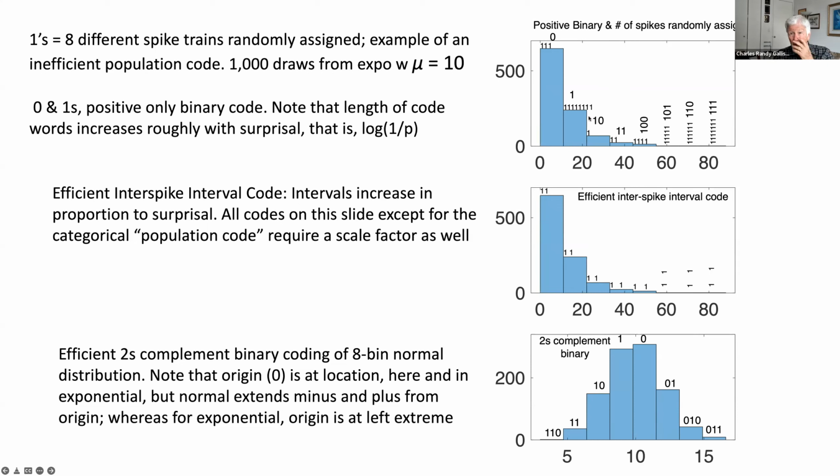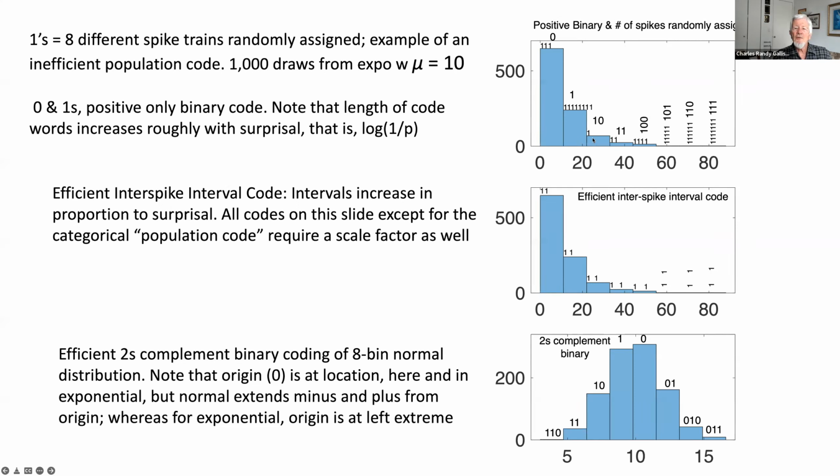So you can represent that by a histogram here that has 8 bins. This is the encoding for the exponential. If we used a mindless population code, we would use some number of spikes to encode each different JND, and the number of spikes in the spike train is represented by the number of ones.